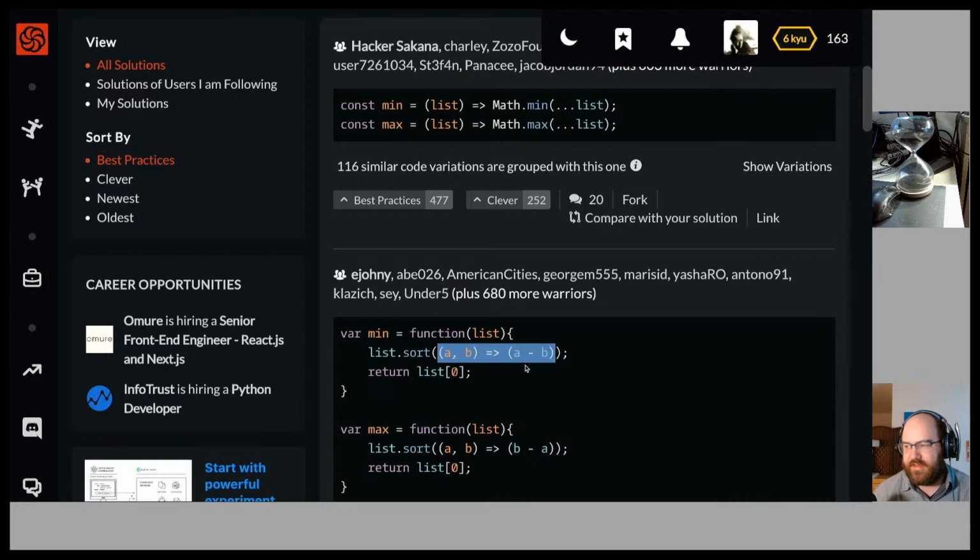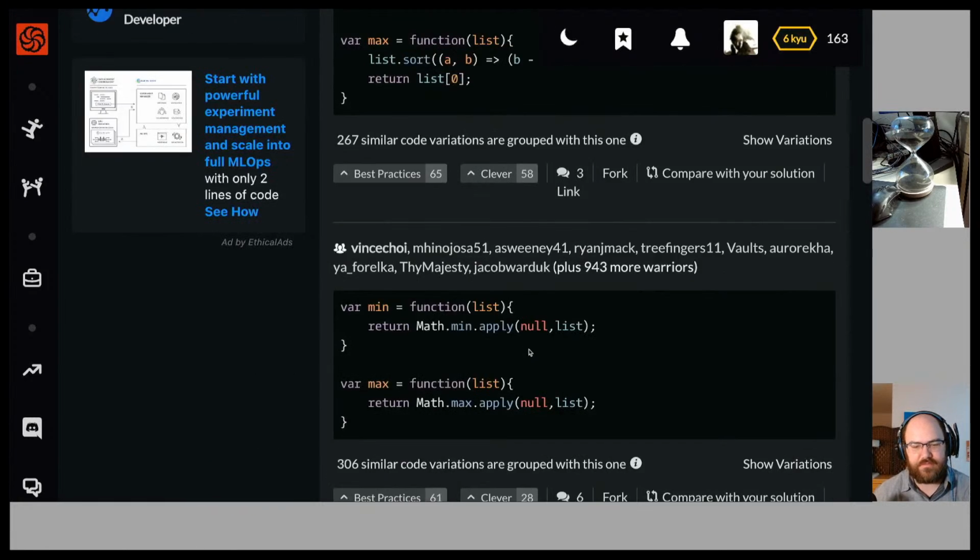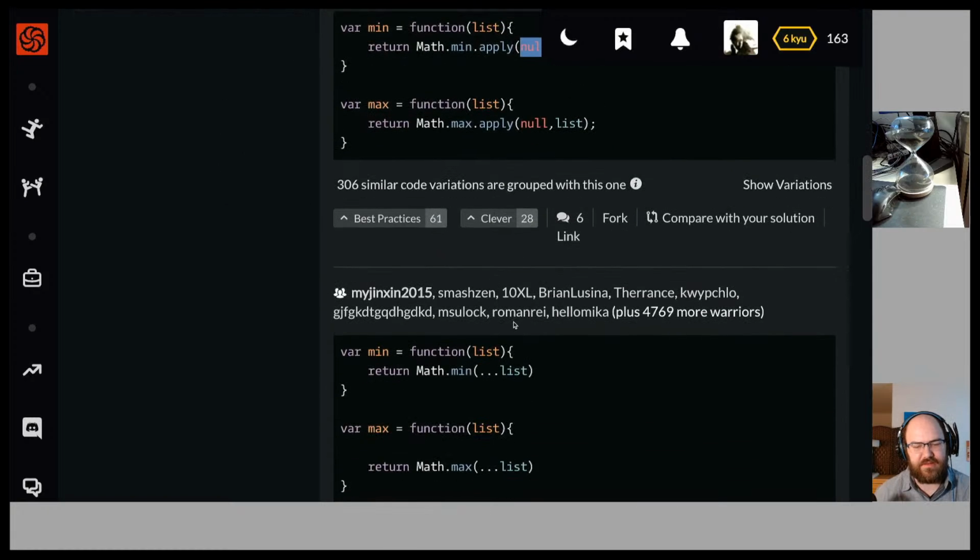Well, let's just scroll down and see if anyone else did it that way. I don't know what this Math.min.apply of null comma list is. Oh, maybe null is a default. I may come back to that and try to study that, or I may not.